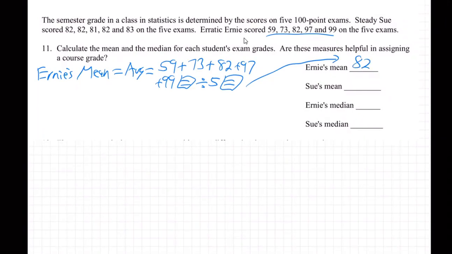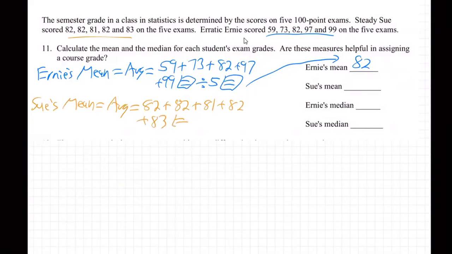And then we've got Sue's mean, which is her average, which is her numbers added up. 82, 82, 81, 82, 83. Hit equals to get the total, and then divide by 5 equals, and we get the same answer. They both have the same mean, and then we go on to median.